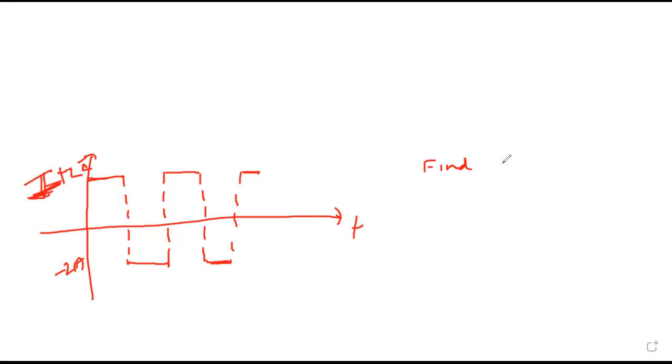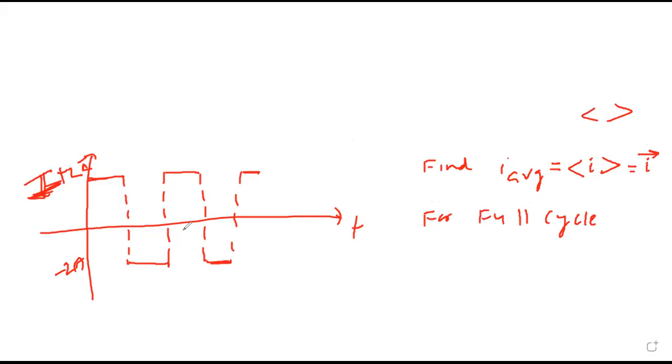Find I average. Sometimes for I average they write I in this type of bracket. So don't get confused. This bracket is nothing but I average. Sometimes they will write I bar. So if wordings are not used, remember the symbol I average equals I in bracket equals I bar. Can you tell me for full cycle what will be the average?